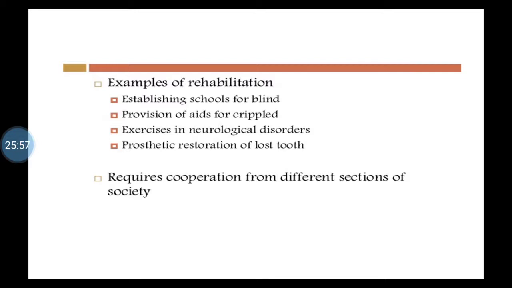They also play a very active and important role in rehabilitation of such persons. So that is all about the prevention of diseases at three levels we have discussed: primary level, secondary level and tertiary level, isn't it?